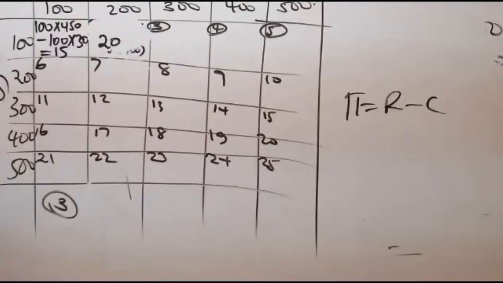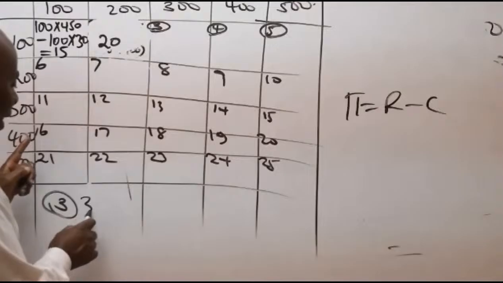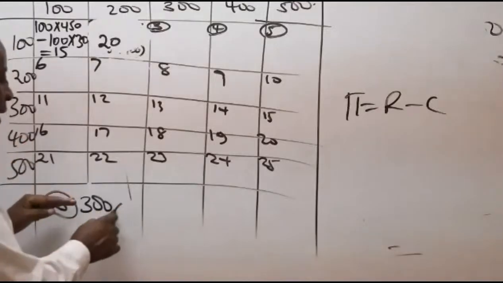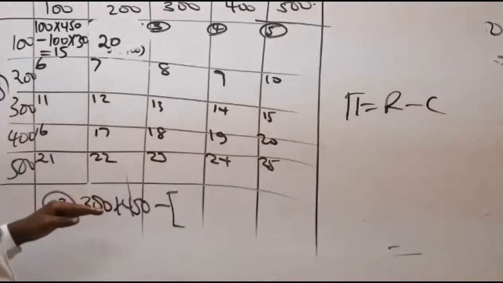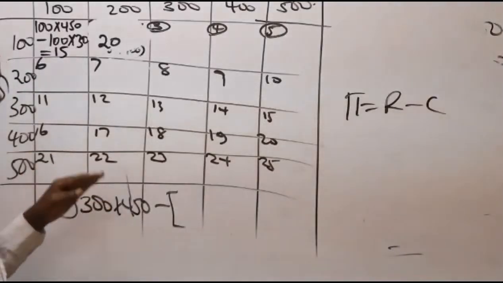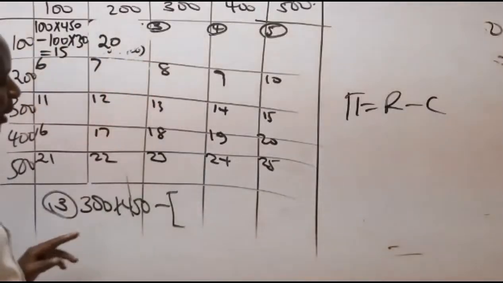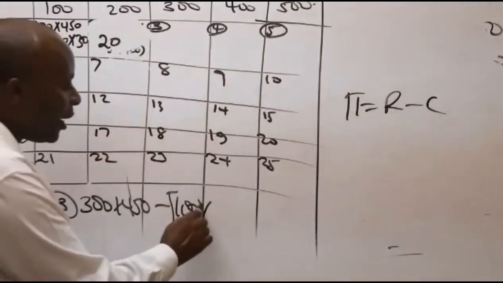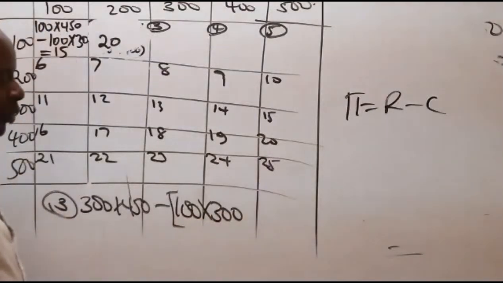In this case, they're telling me to take 300 units, because you have to sell to everyone, times 450. But the costs are going to be two. We have the normal cost of the order we had supplied earlier on of 100, and remember, the normal cost is going for 300.